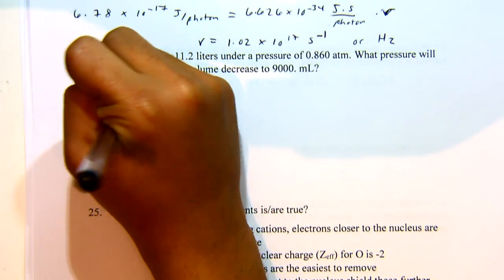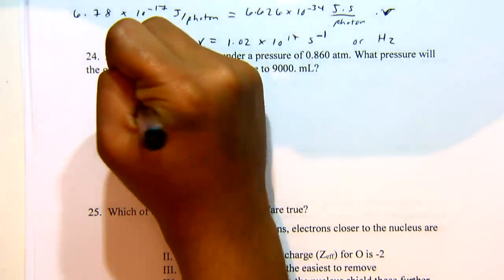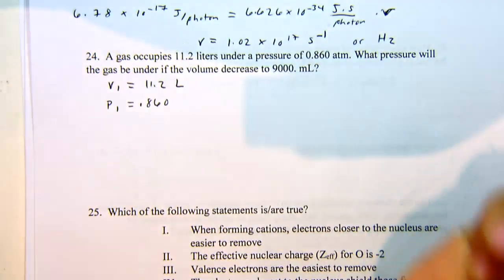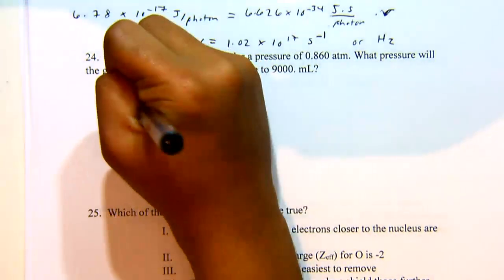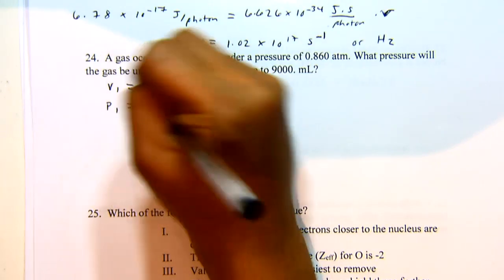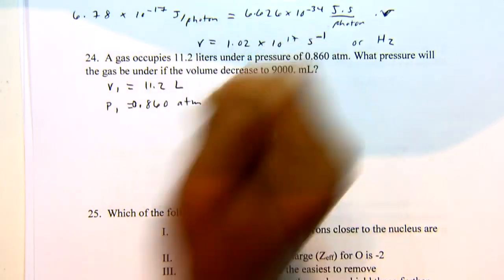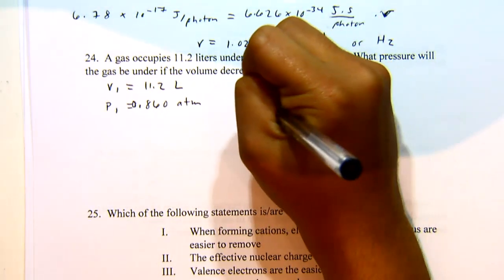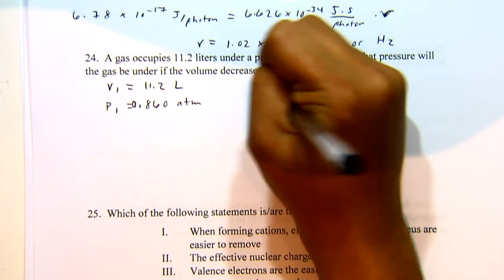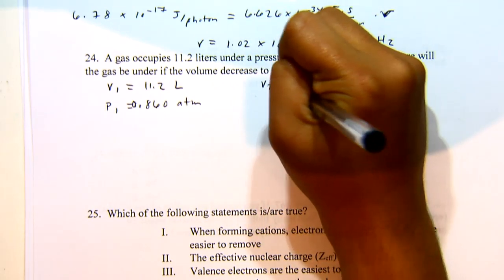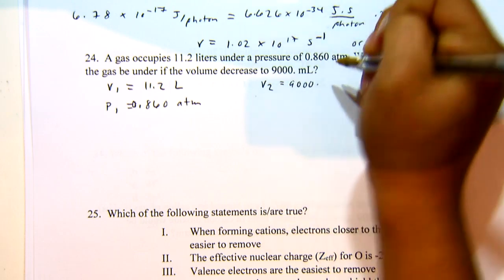We have a pressure 1 of 0.860 atm, and then another volume of 9,000 milliliters.